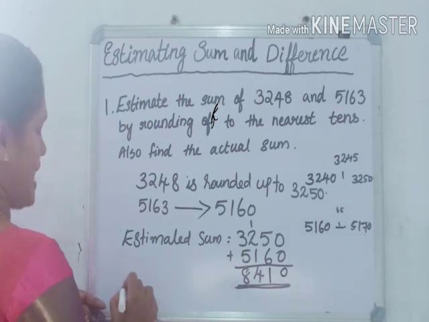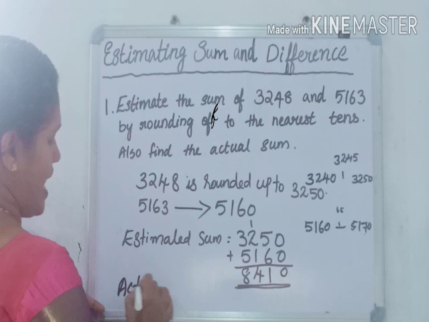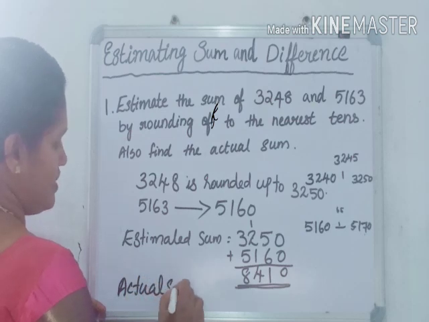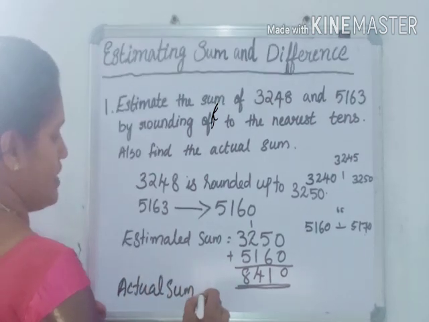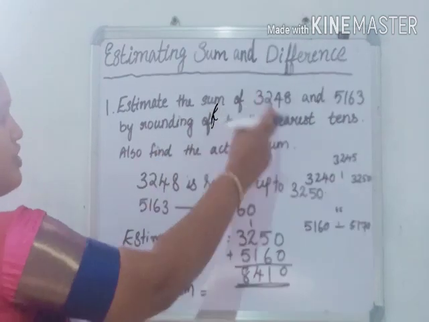Then how do we find the actual sum? Actual sum is equal to the sum of the actual numbers.